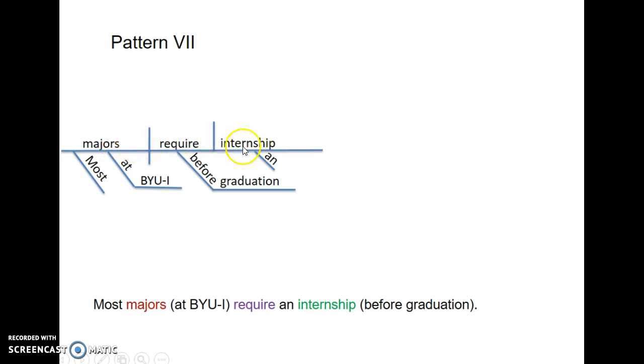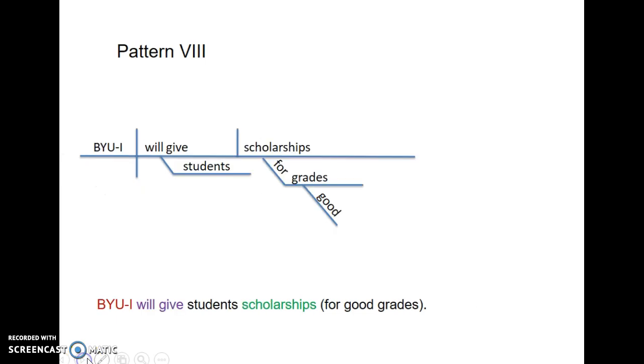So that's a pattern 7, and then we can go in and add most is qualifying majors. At BYU, again, is telling us what specific majors we're talking about. Before graduation is a question of time, so that makes it an adverb, goes below the verb, and then we have our indefinite article. So pattern 7, subject, action verb, direct object.